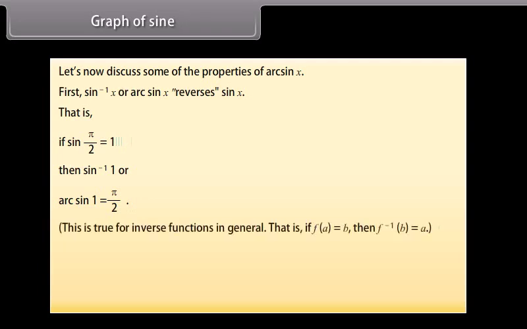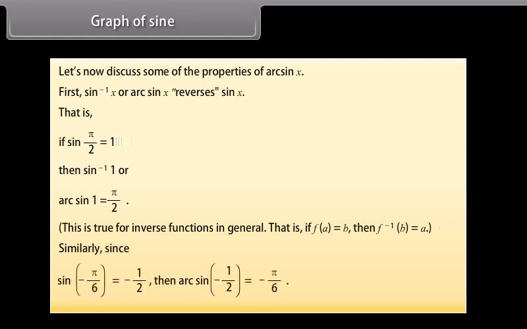This is true for inverse functions in general. That is, if f(a) = b, then f inverse of b is equal to a. Similarly, since sine of minus pi/6 is equal to -1/2, then arc sine of -1/2 is equal to minus pi/6.